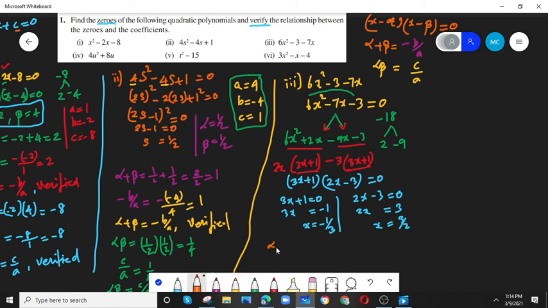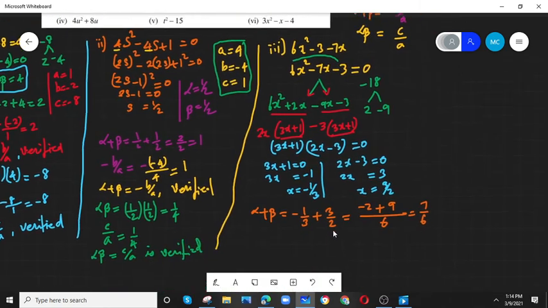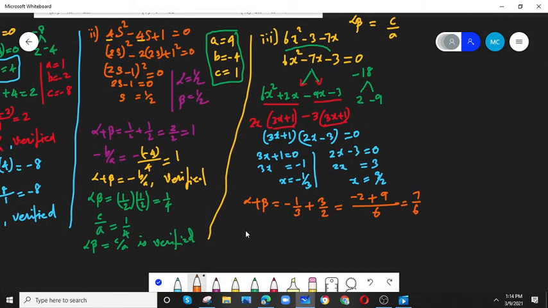Now, alpha plus beta equal to minus 1 by 3 plus 3 by 2. Now take the LCM: 2 threes are 6. 2 into minus 1 is minus 2, 3 threes are 9, so we have 7 by 6. This is your alpha plus beta. So what is your minus b by a?